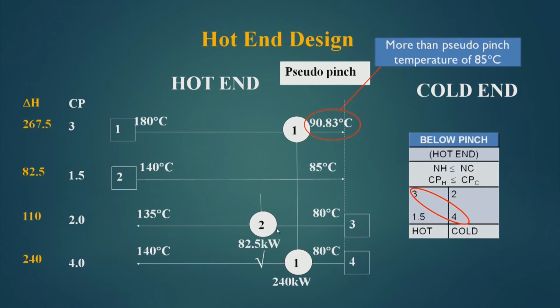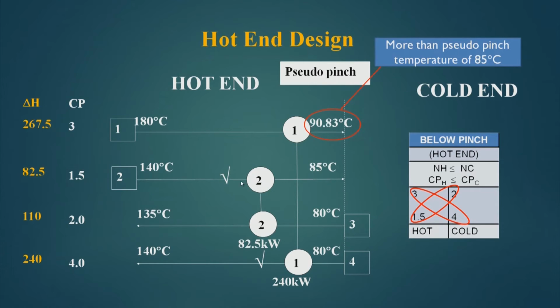Now, I put the second match, which is between 1.5 and 2. Here also the rules are followed. CPC, which is 2, is more than 1.5, which is CPH. Now, we see that this amount delta H with this stream is 82.5.